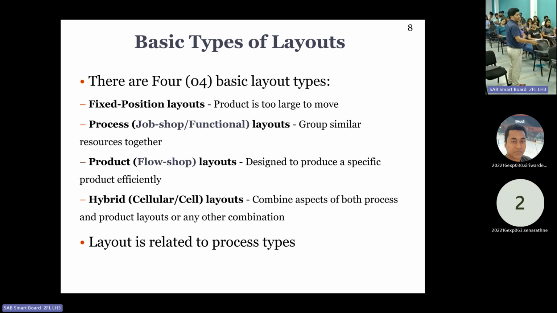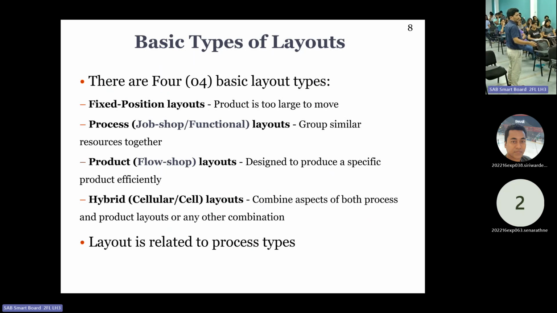The first one, we call it fixed position layout. That has unique characteristics. We'll come to that later. Then, of course, we have process-oriented layouts. Their characteristics are unique, different. They are also known as functional layouts or job shop layouts.